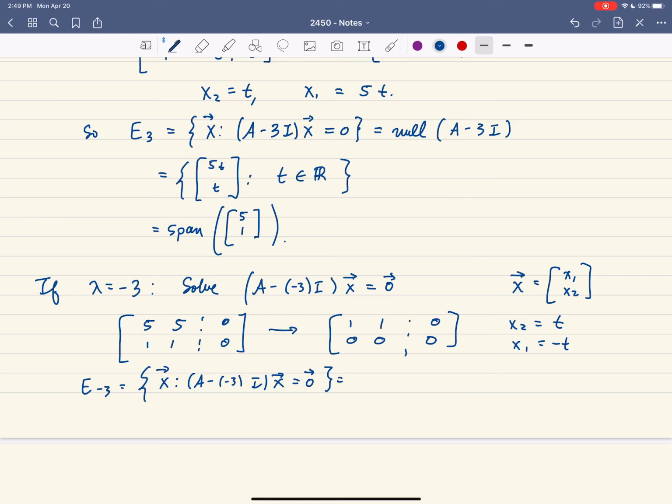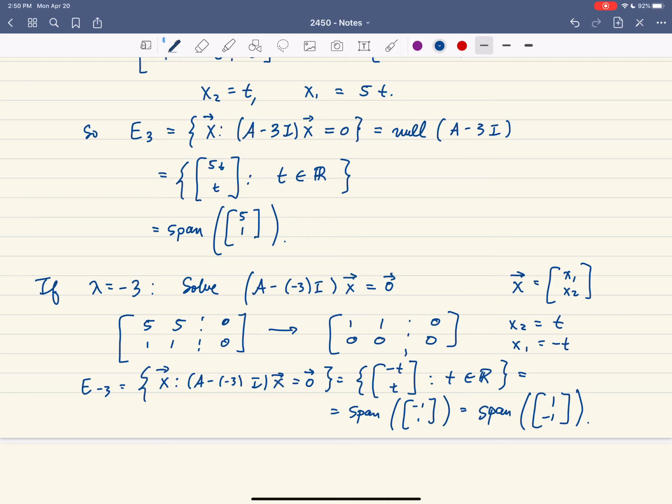And that's going to be all of the vectors of the form negative t, comma t, where t is in R. So this is going to be the span of the vector negative 1, 1. And again, I just want to emphasize, eigenvectors are not unique. It turns out that this is also the span of the vector 1, negative 1. Any multiple of that vector will do.